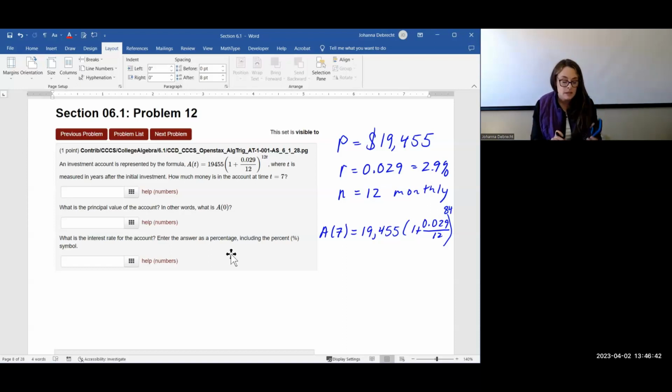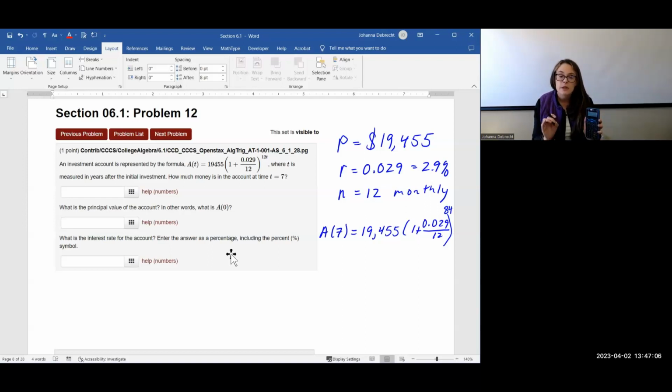And then you're going to raise it to the 84th power. So use either y to the x, x to the y, or the little housetop symbol, caret. So I'm going to hit that, and I'm going to raise it to the 84th, equals. So you should now have 1.224772488, blah, blah, blah.